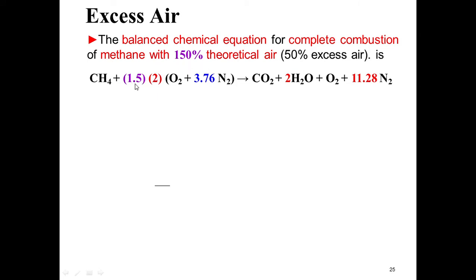Now I have to multiply it by 1.5, because 1 means the chemically correct theoretical ratio, while 50% excess means you have to supply 1.5 times the theoretical air. So I have written 1.5 here, and if you write 1.5, then the whole chemical reaction changes, and that you have to see.